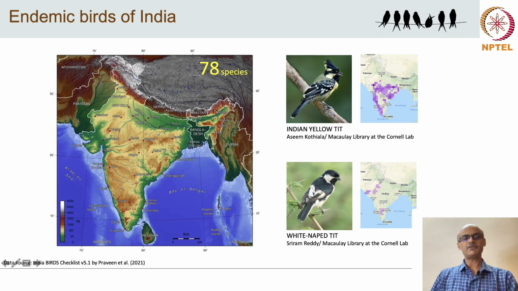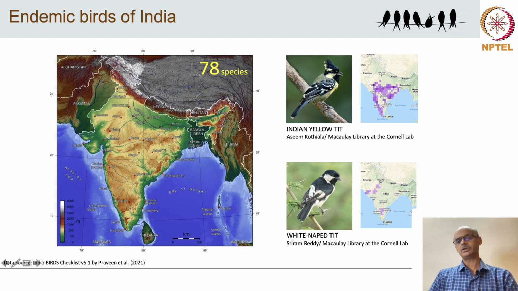But often we also use this concept for the political boundaries. So if you look at the political boundaries of India, we have 78 species which are endemic to India. That means that they are not found anywhere else in the world. They are found only within the Indian limits.